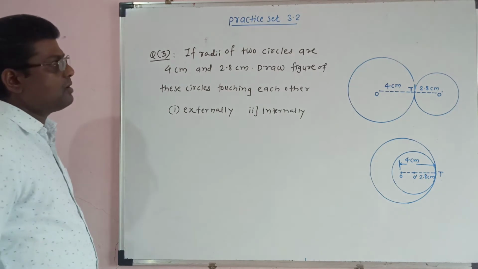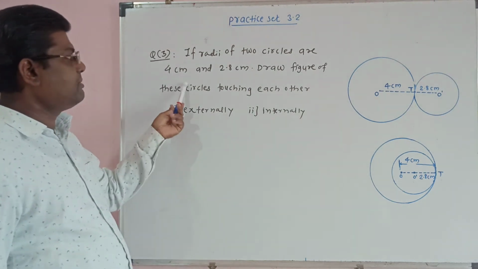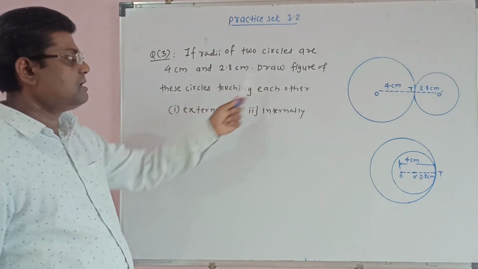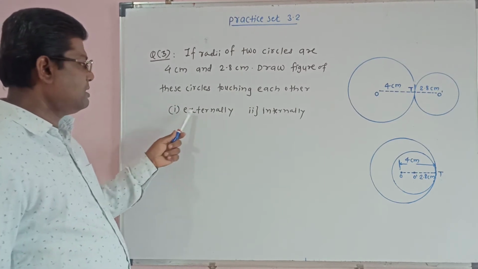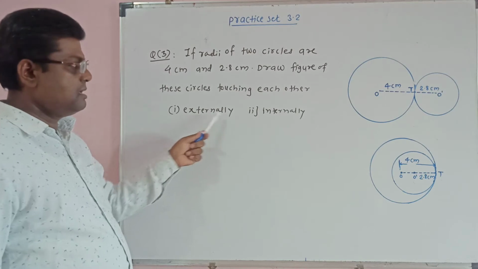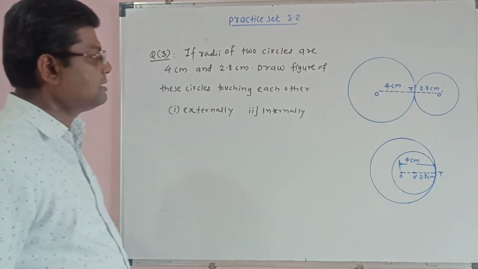Question number 3. If the radii of two circles are 4 centimeter and 2.8 centimeter, draw a figure of these circles touching each other, number 1 externally, number 2 internally.